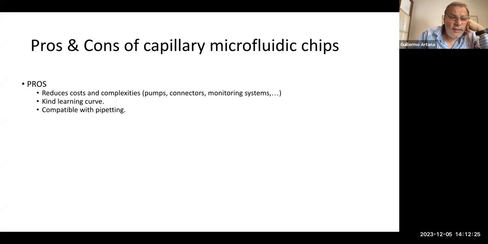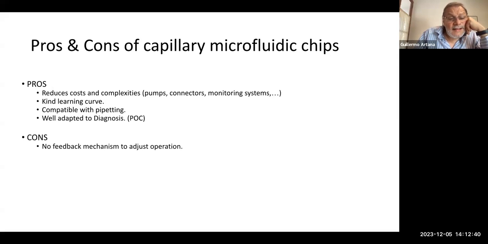They are also compatible with people that work in labs and are used to pipettes and so on, and they are well adapted to diagnosis. On the contrary, there is a problem: you have no feedback mechanism to adjust operations, so once you design it, you cannot tune any variable.